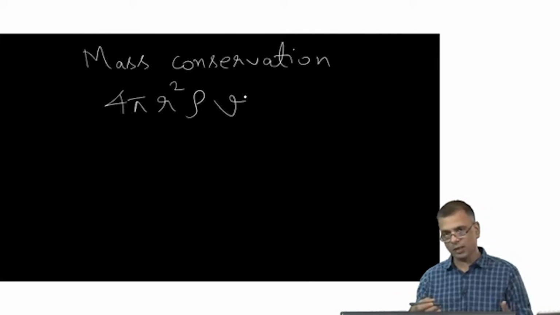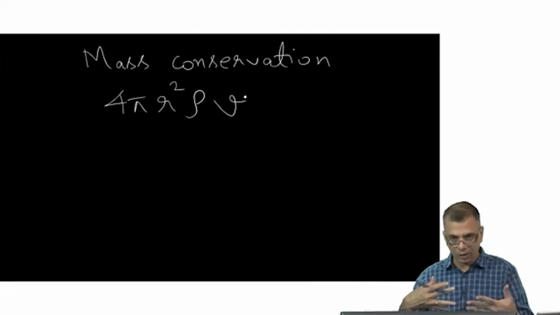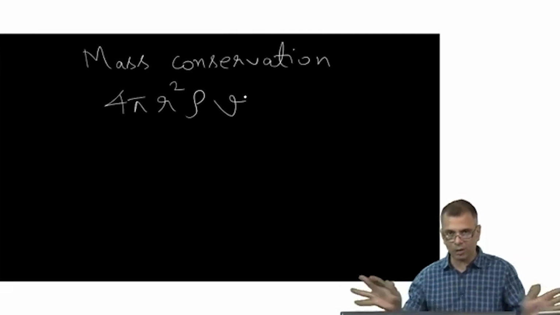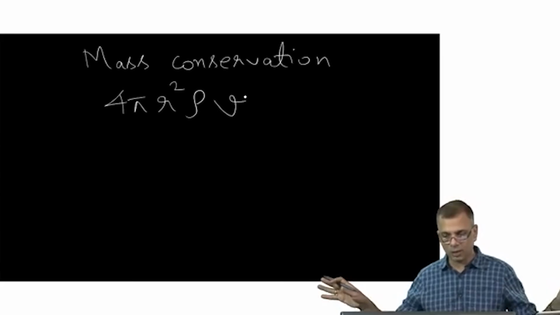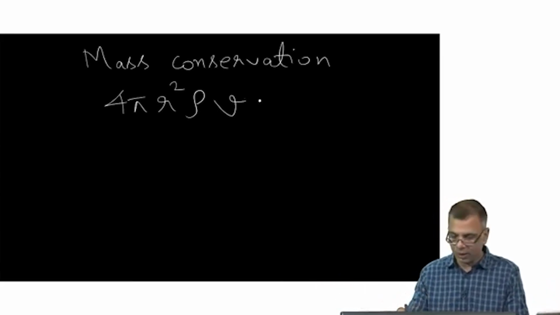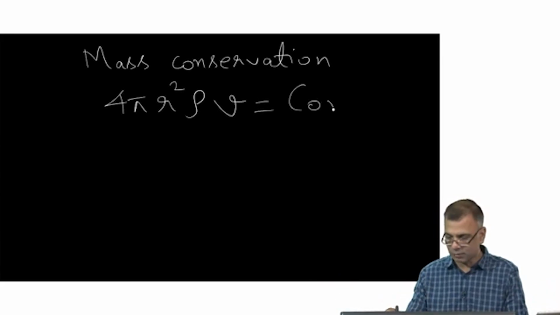The velocity can have either sign, either it is accretion, which would be infall, or it is solar wind, in which case it is an outflow. Either way, this is constant.